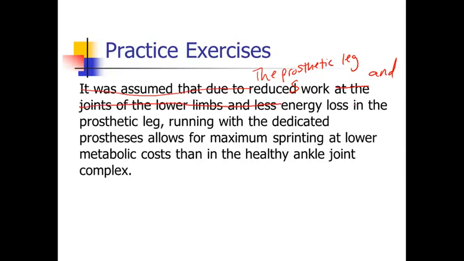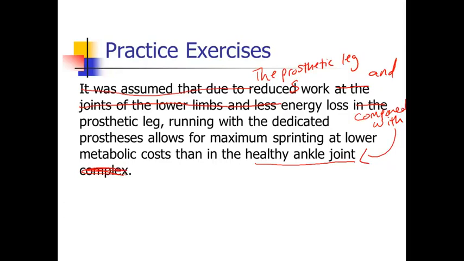And then what compared with what? We need a compared with, and then we would put the healthy ankle joint. I'm going to get rid of complex. We probably don't need healthy ankle joint complex, just a healthy ankle joint. So the prosthetic leg reduces work and energy loss compared with a healthy ankle joint.